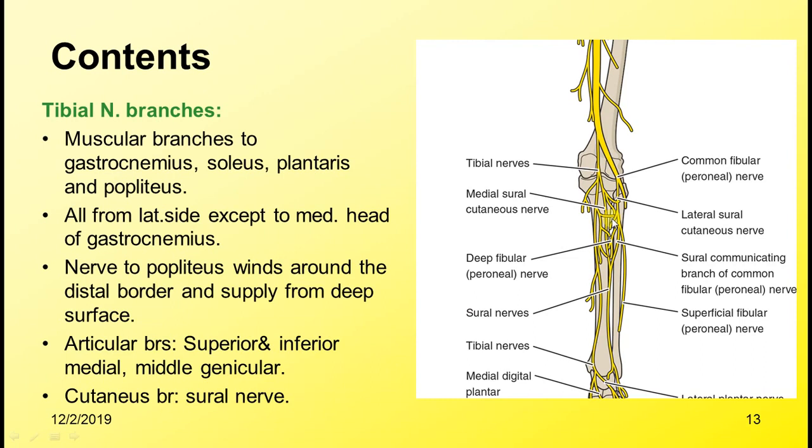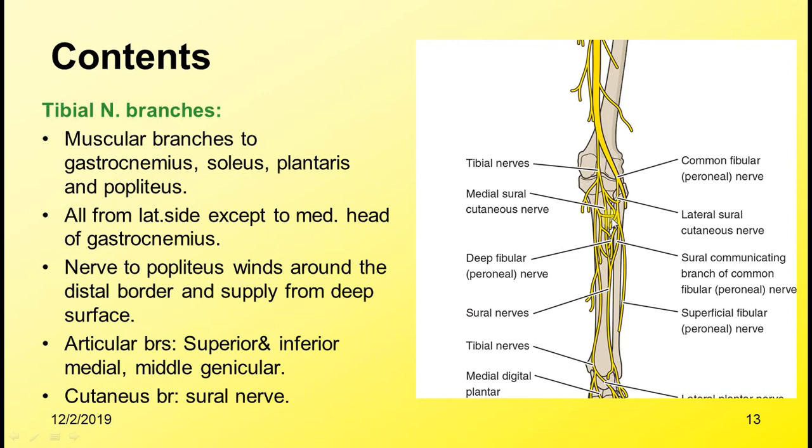So that is the muscular branches, especially the nerve to popliteus. Apart from supplying the popliteus muscle, it also supplies the superior tibiofibular joint, tibialis posterior, interosseous membrane, and the inferior tibiofibular joint, and through the nutrient foramen it also supplies the tibia.